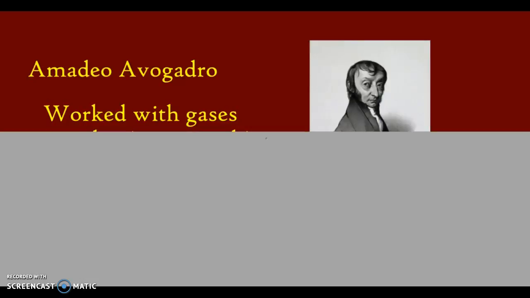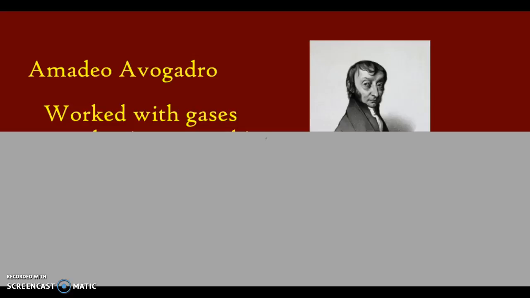There was a person named Amedeo Avogadro, way back in the day. As you could probably tell, he's Italian, and he worked with gases, and we'll talk more about him later when we actually study gases. But he was very important in our study of the mole.